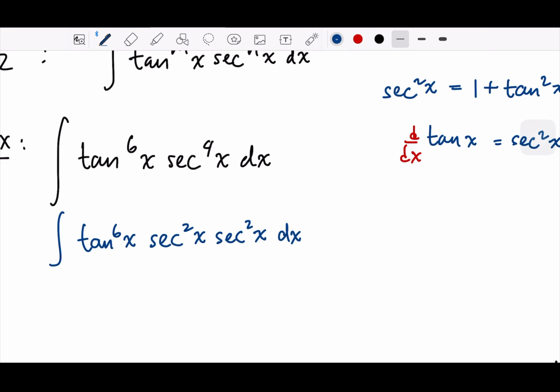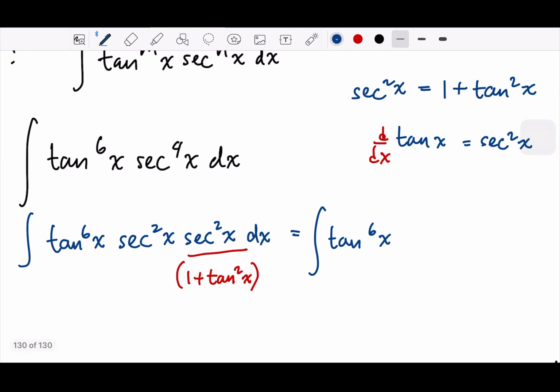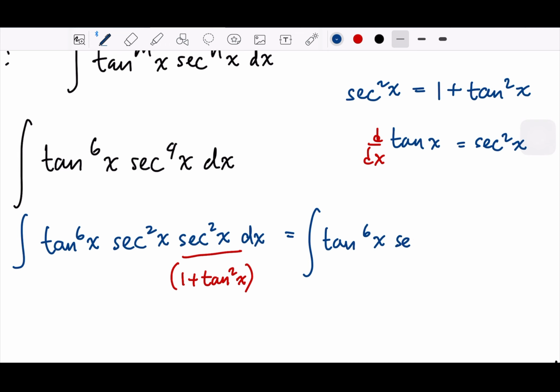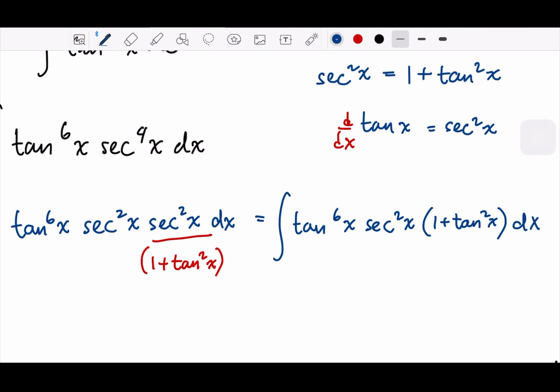And in this part here, we get 1 plus tangent squared. So we will have the integration.